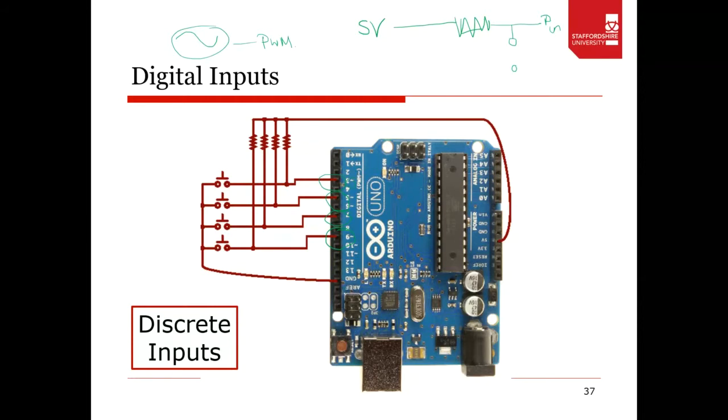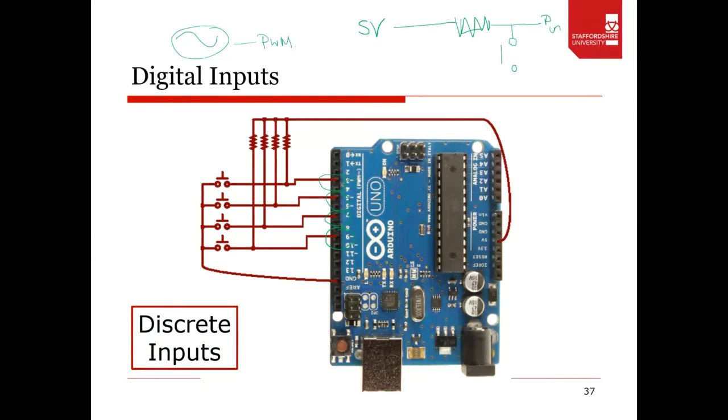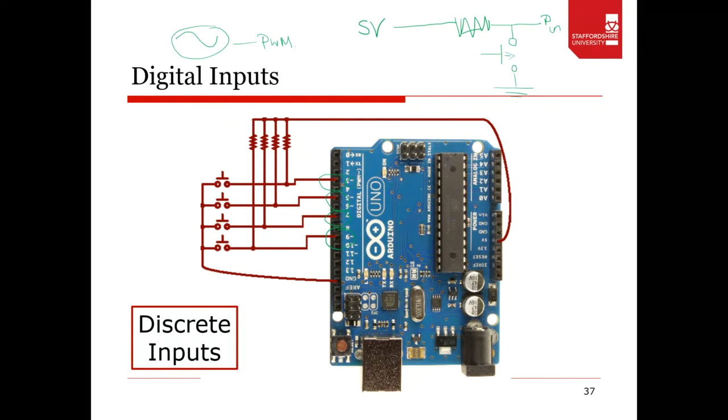Okay, so then we have the switch to ground. So if that switch is closed, then the pin is a 1 or a digital high, which would be 255 digital.